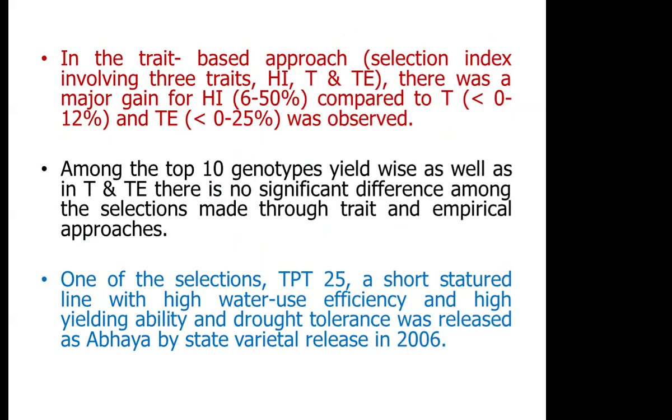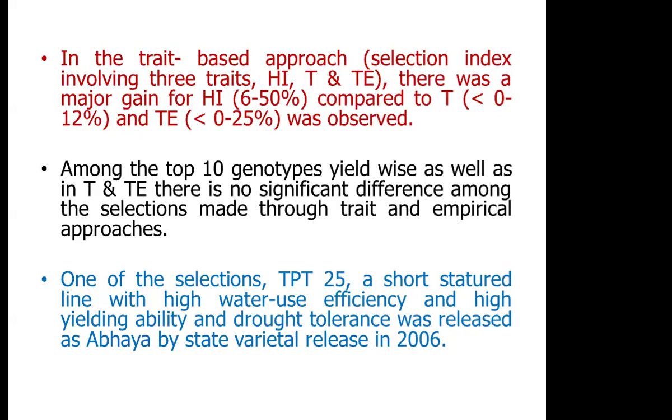But there was no difference among the selections made through trait and empirical approaches. Empirical is yield evaluation under drought situation. That is what we follow as breeders. The top 10 genotypes didn't differ much with respect to these two approaches. Top 10 in trait or empirical, they're almost on par.